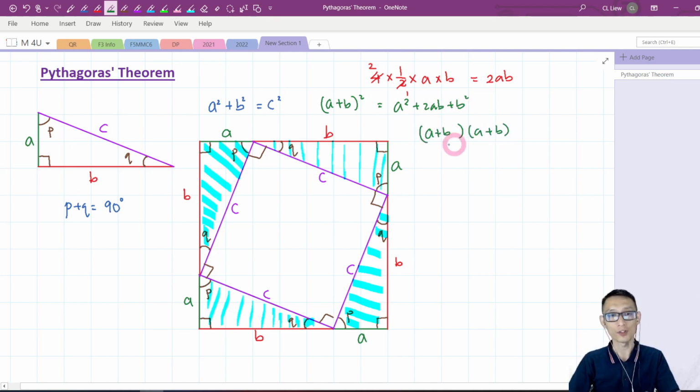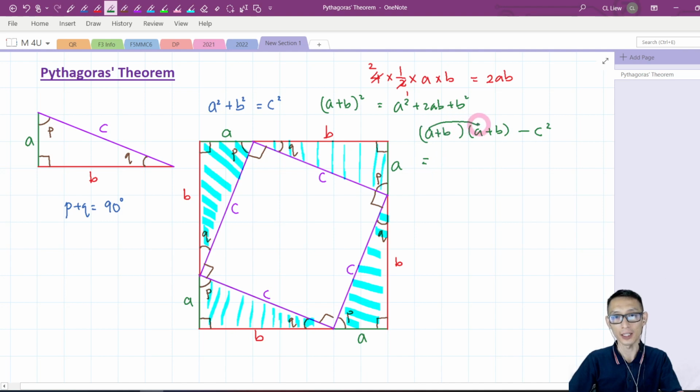So this will give us the area of the whole square, right? But we don't want the area here. So what I'm going to do next is minus the area of this smaller square. This will be C times C, which is C squared. This will be the area of the shaded region.